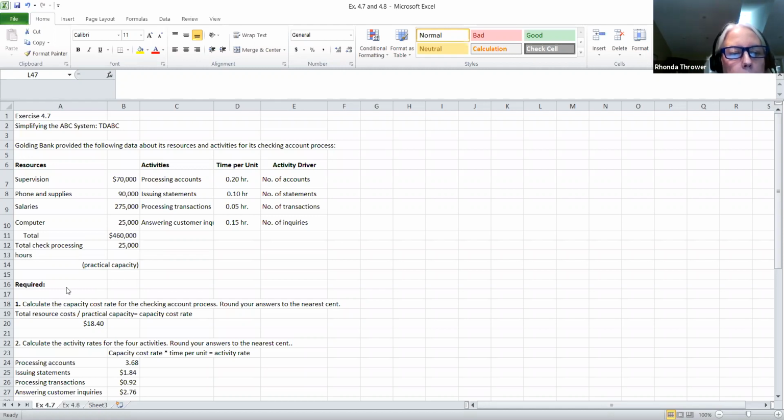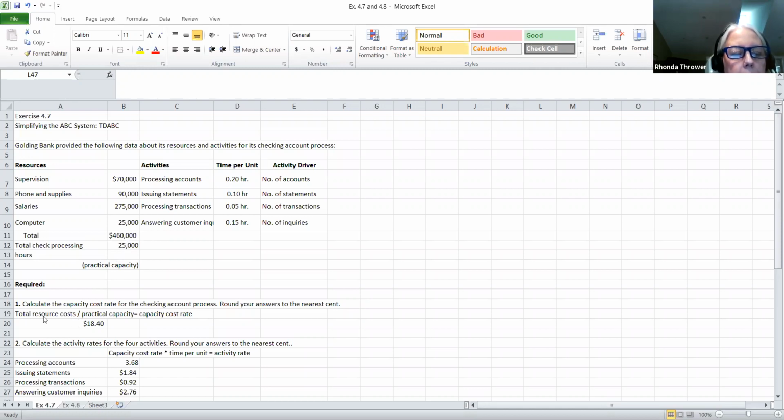In requirement number 1, they want you to calculate the capacity cost rate for the checking account process, and they want you to round your answers to the nearest cent. There's a formula to do that. To calculate the capacity cost rate, we're going to need to know what our total resources are. The total overhead that we are planning to spend for this company is $460,000.